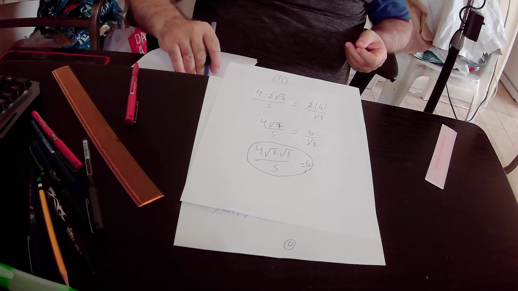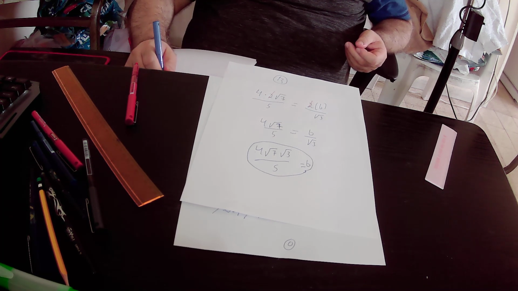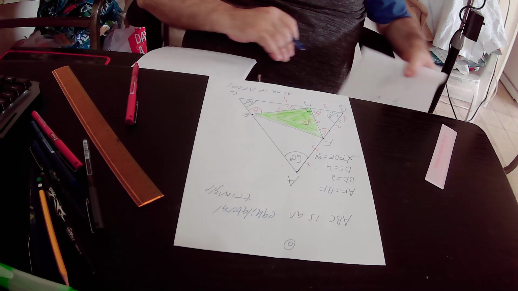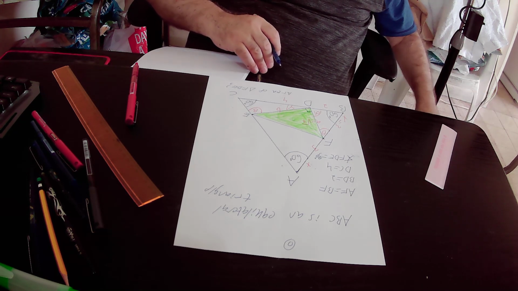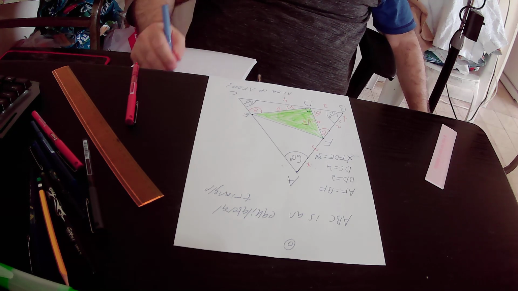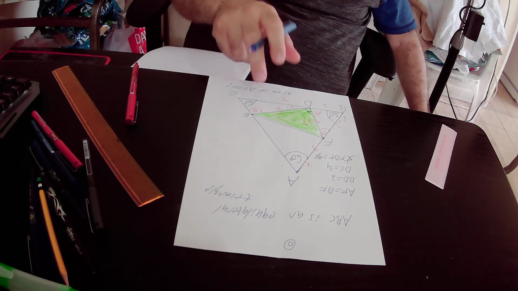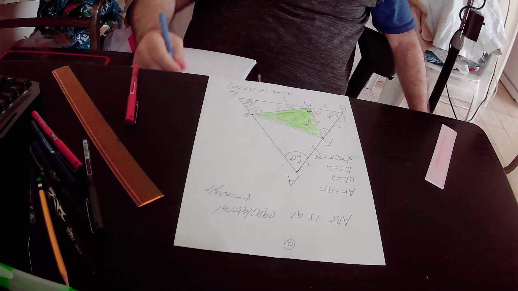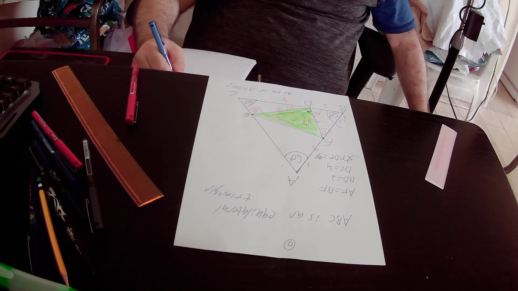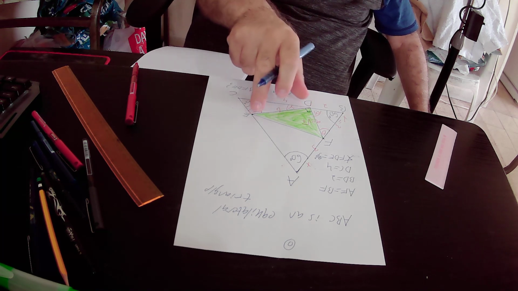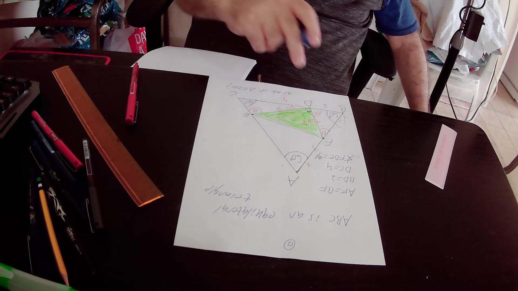Again, the area of any triangle equals the base of the triangle times the height to the base over 2.